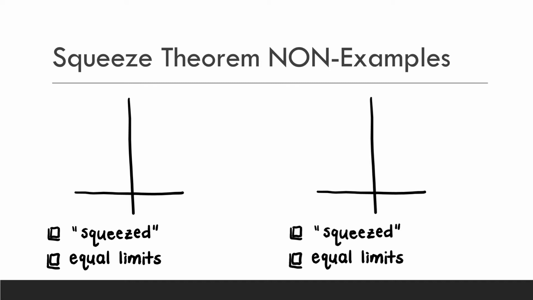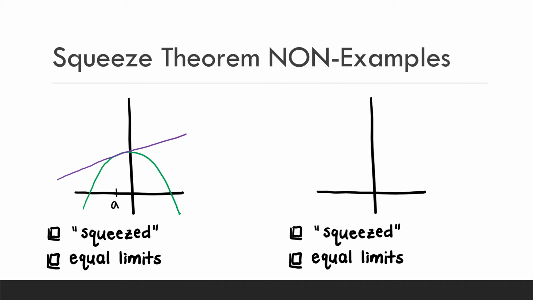So, for example, you might have an f of x and an h of x, so these two outer functions. And it might be that the limit as x approaches a is equivalent for both of these.